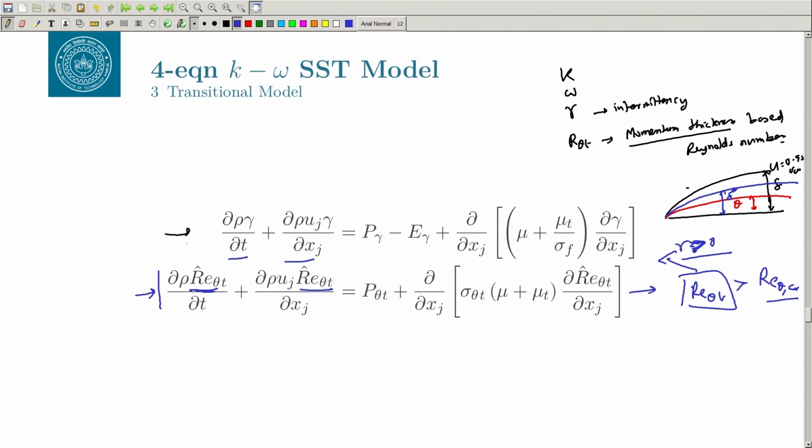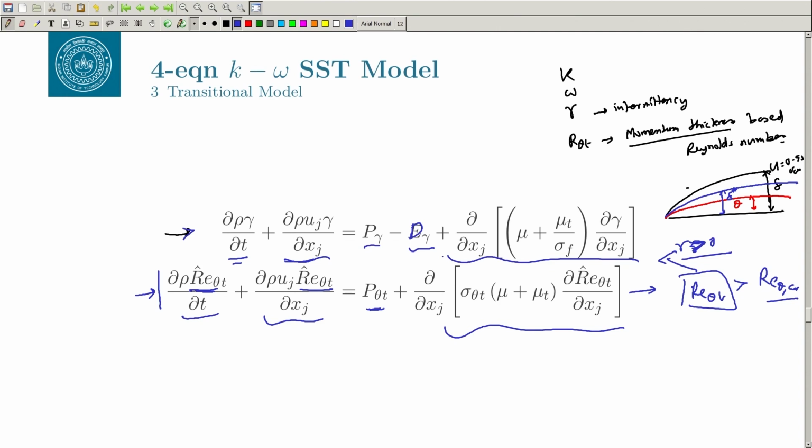The nature of these equations is again the same. You have the temporal term, the advective term, then you have the production of this intermittency, production of the momentum thickness based Reynolds number, and then the dissipation of gamma, and then you will have this transport, which is there in both the equations.